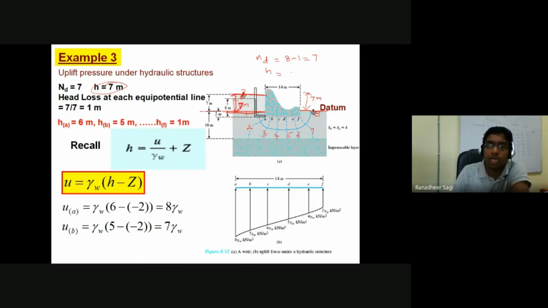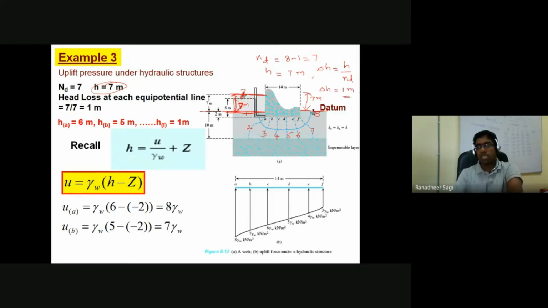So the total head loss between upstream and downstream is 7 meters. Once I understand the total head loss and the number of potential drops, the head difference from one equipotential line to the next is the total head loss divided by the number of potential drops. So delta H is equal to 1 meter.